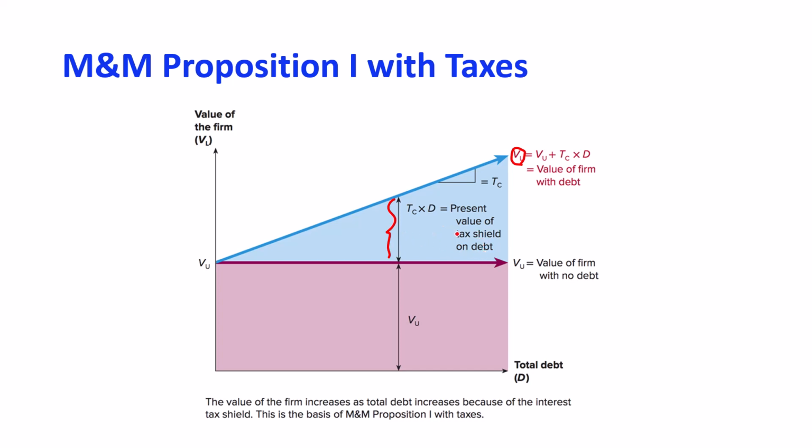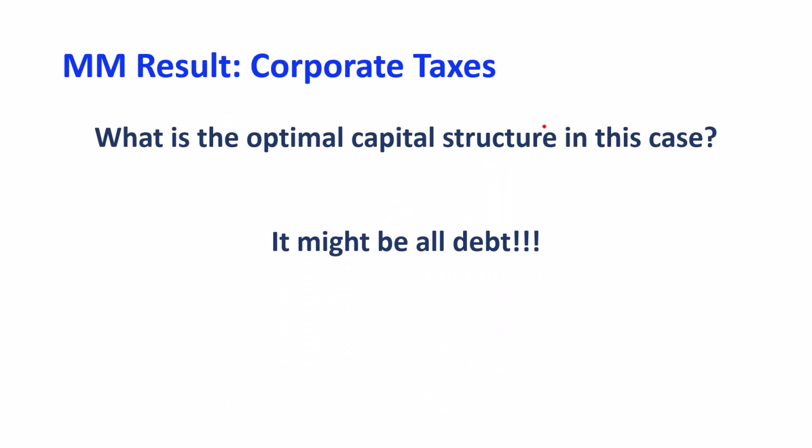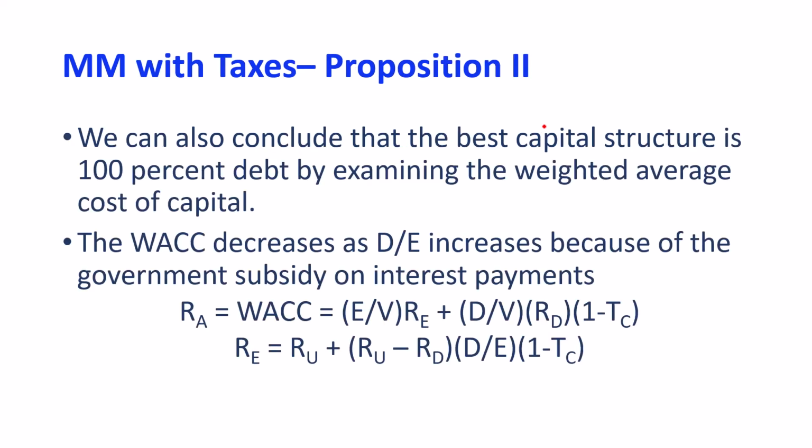If you keep increasing the debt in the firm, the value of the firm will increase as well. The value of the firm will increase linearly with the amount of debt that you are adding to the capital structure. So again, the optimal capital structure in this case is 100% debt, which of course is not realistic, but we'll see why later on in the future videos.